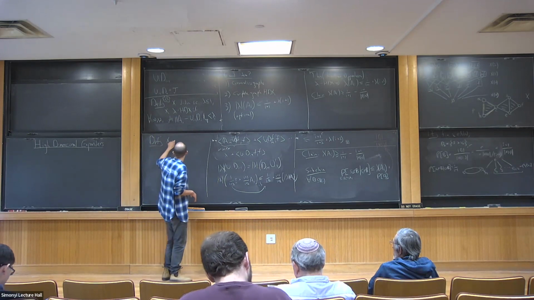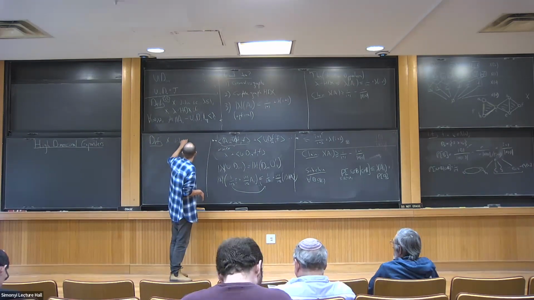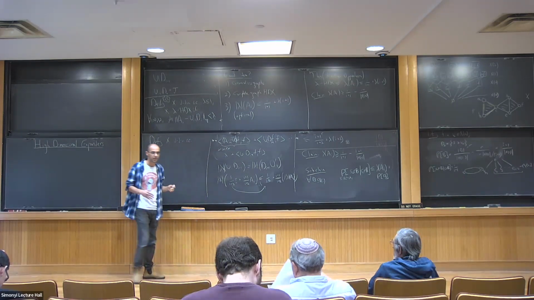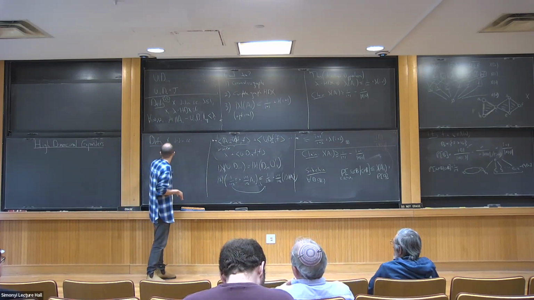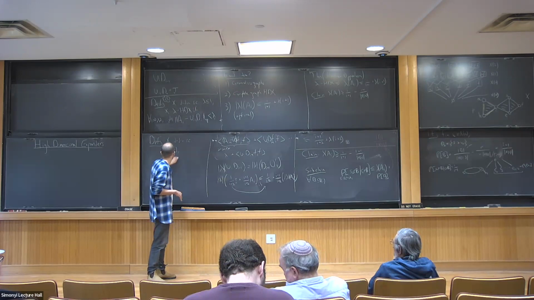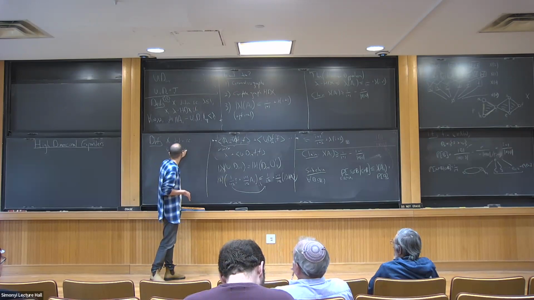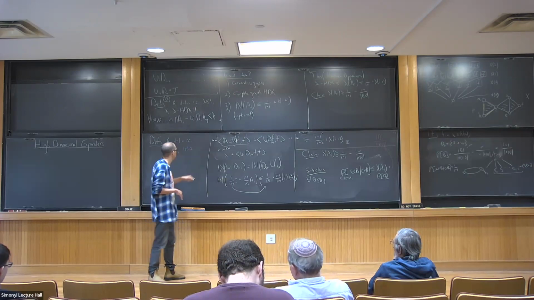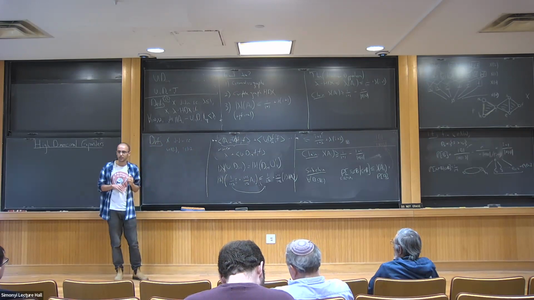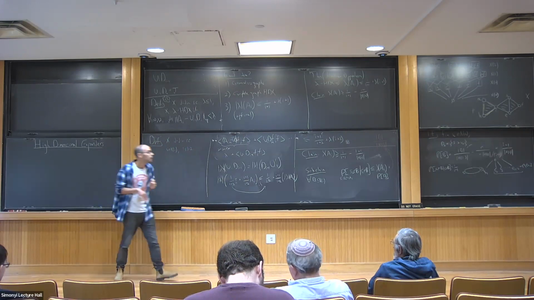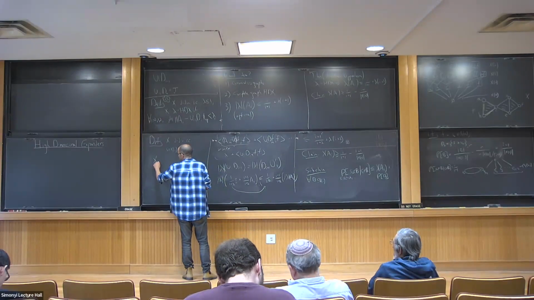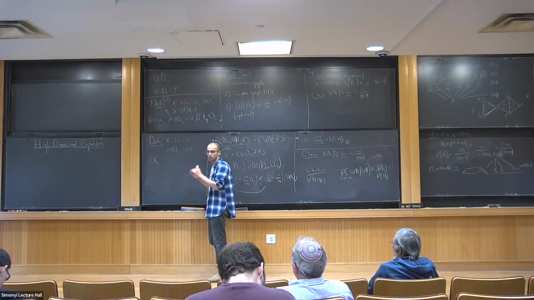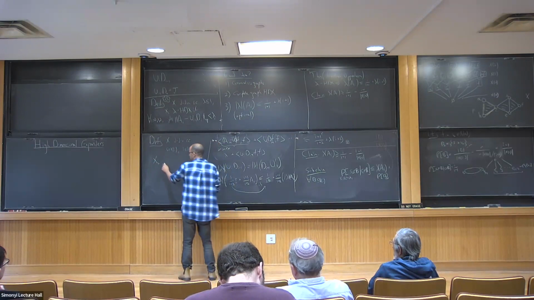So suppose that X is a d-dimensional simplicial complex, which has sets of at most size d plus 1, and suppose I have a set S with codimension at least 2, okay? So the link of S is going to be the following graph. In general, it's a simplicial complex, but let me only define it on the graph level.